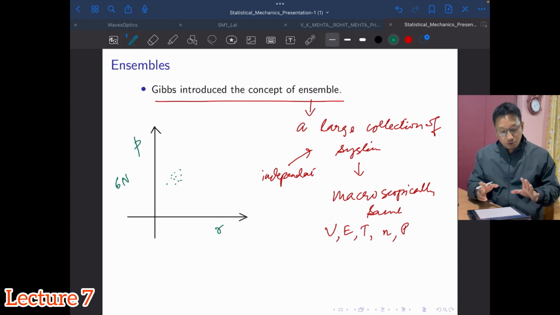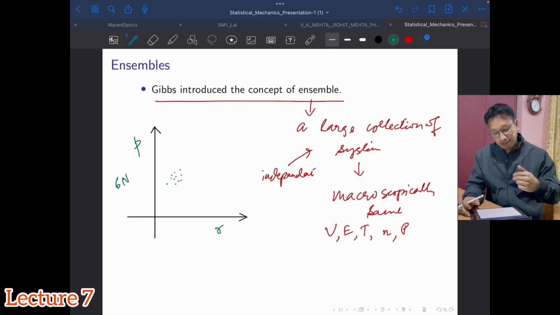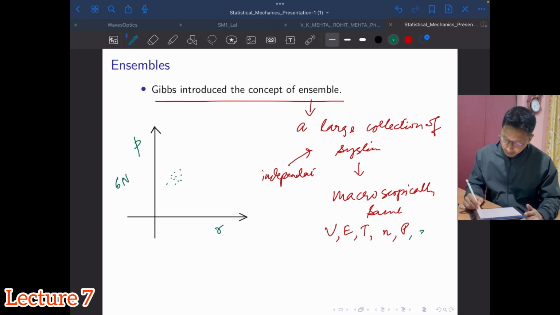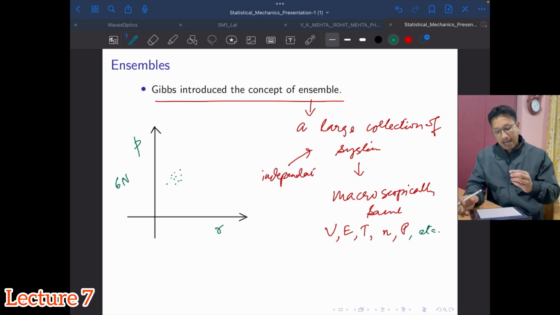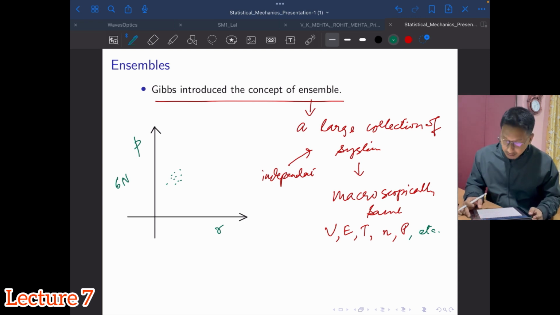So the basic idea here is that an ensemble is a large collection of independent systems which are macroscopically similar. Similar in what sense? I have talked about volume, energy, temperature, number of particles, pressure, and so on. You can have any other macroscopic properties which are constant, and this ensemble gives a distribution of points in the gamma space.